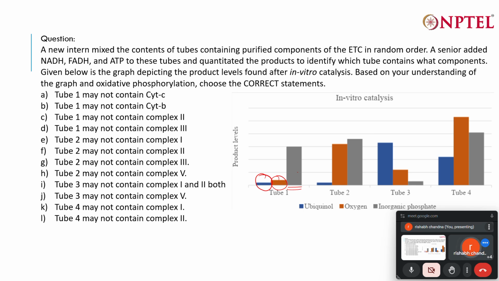Okay, shall we discuss? Okay. So C. Okay. Any more answers?